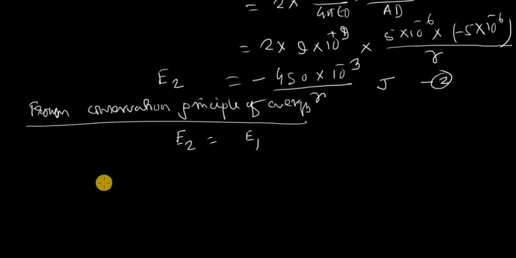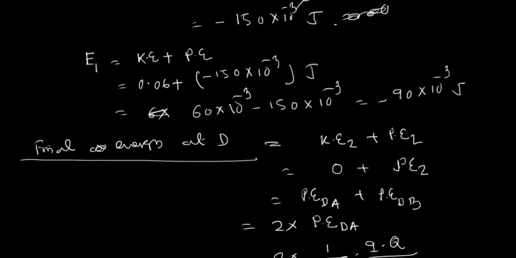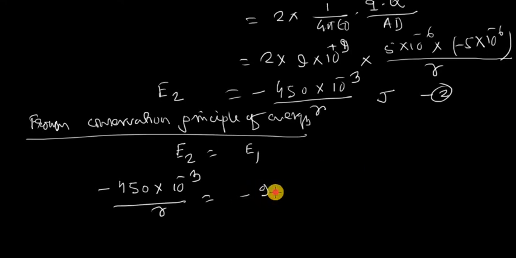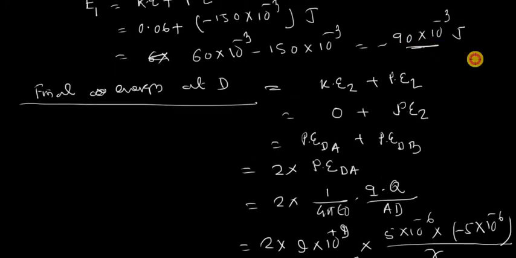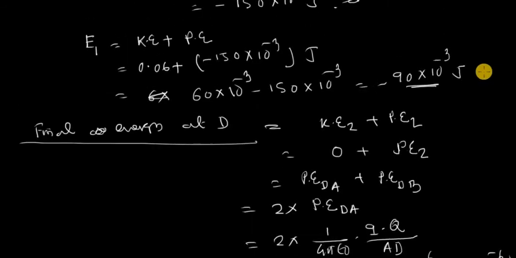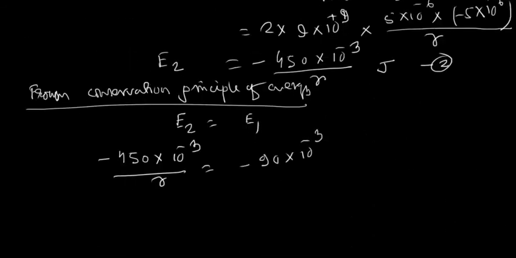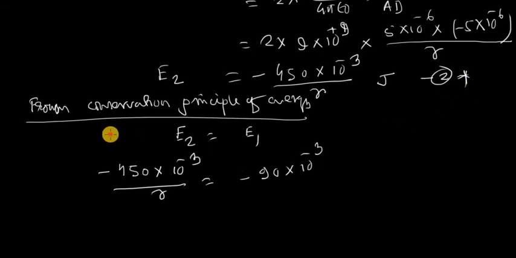So minus 450 into 10 to the power minus 3 by R is what? U1 is minus 90 into 10 to the power minus 3 joule. So this is our U1, and this is our E2. So putting E2 and U1 equal, minus cancels, therefore R is equal to 5 meter.